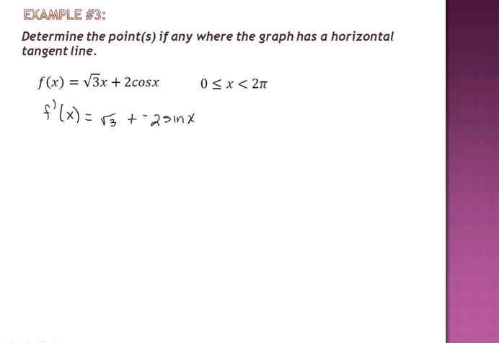And so now I want to talk about having a horizontal tangent line. The slope of a horizontal tangent is 0, so I take my slope and I say, where is this 0? So I set it equal to 0 and solve it. So sine of x is equal to, subtract root 3, divide by negative 2, it becomes a positive. Where is sine positive root 3 over 2?